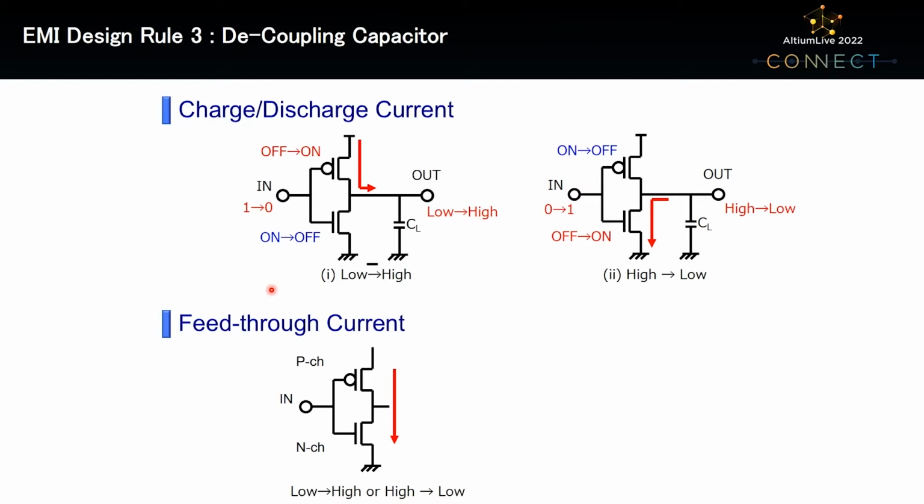At the intermediate potential of input voltage, there is a time when both P channel and N channel are turned on instantaneously, at which time high current flows from the power to the ground. These two types of current allow the noise current to flow between the IC power and ground pin.